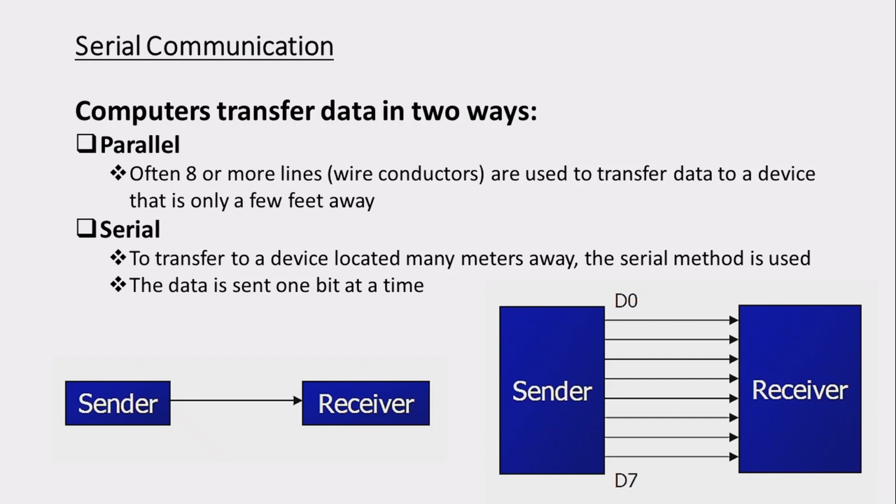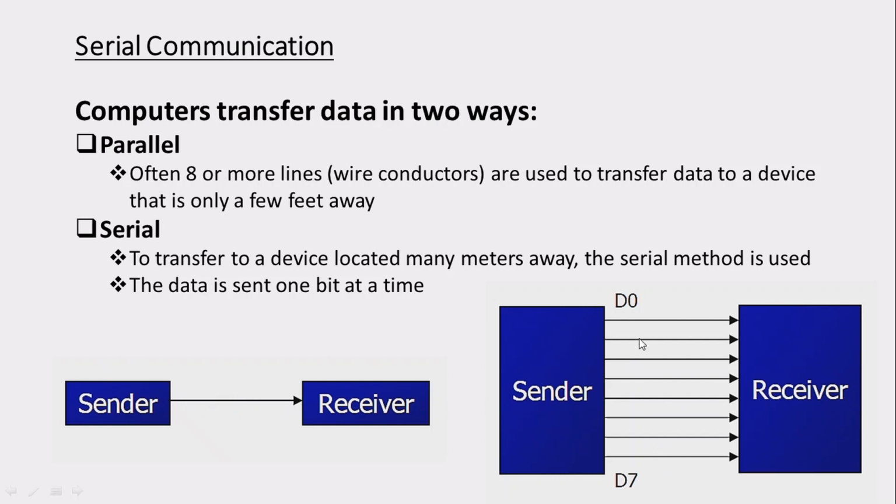But we said that serial is going to be used for longer communication, and parallel is going to be used for shorter communications. Why is parallel communication not used for longer distances? Now if you take a look at this, here I need only one line from the sender to receiver. But over here, the number of lines is going to increase. Let us consider we have a copper wire. Here only one single copper wire is sufficient.